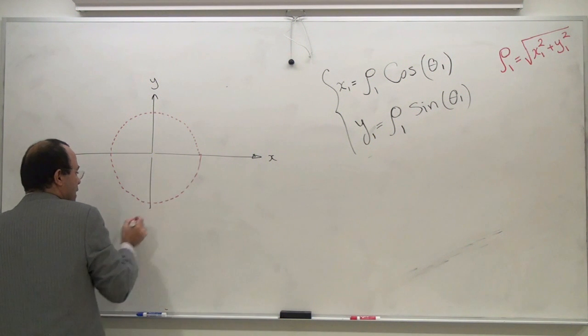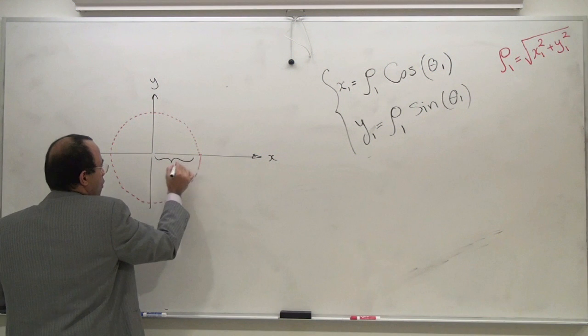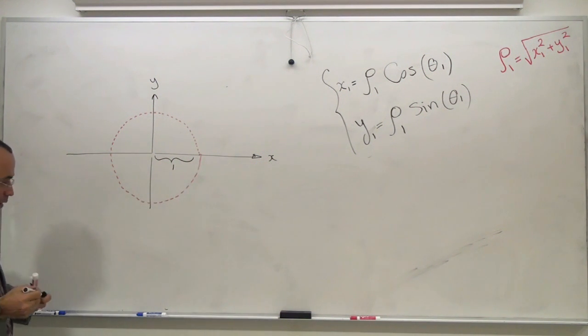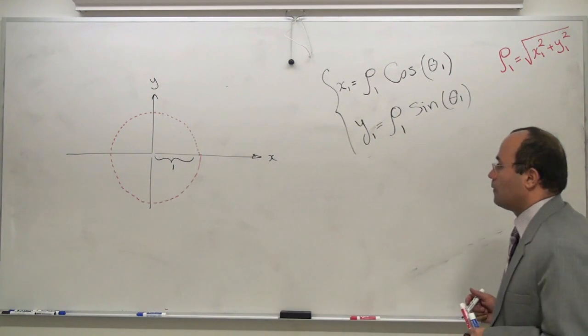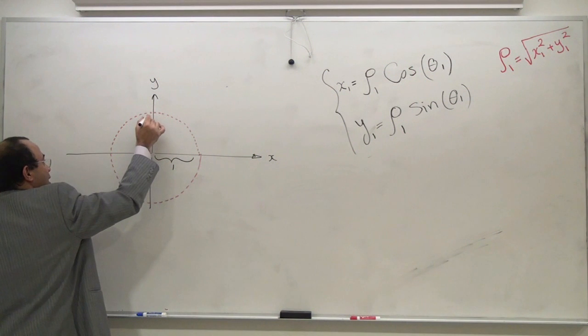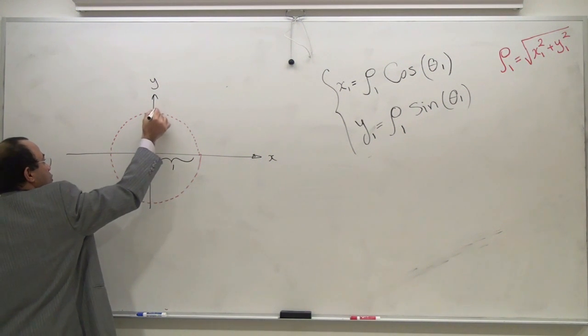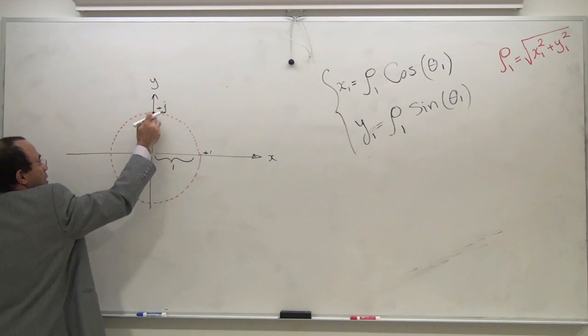This is a very easy circle, and I want everyone to remember this. The length of rho is 1. Obviously, when I go into the y, here still the length is 1, but the point is going to be plus j. So this is plus 1, this is plus j.